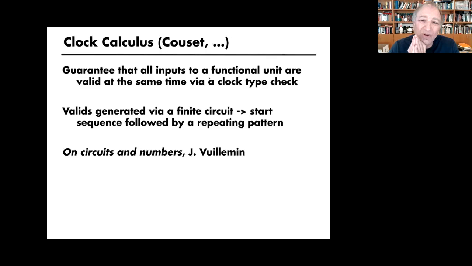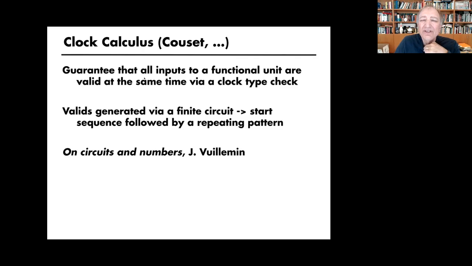Okay, so anyway, there's just one other really cool thing I want to tell you about. I was amazed when I discovered it. It's this thing called the clock calculus. Suppose you wanted to write one of these programs and you wanted all these valids to be statically analyzable and known in advance.